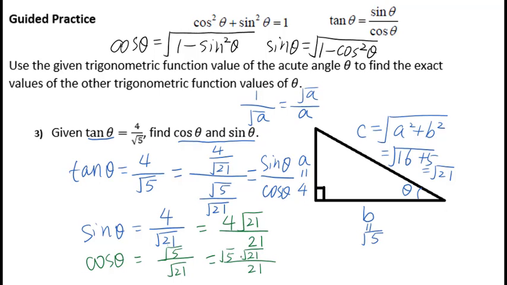Square root of 5 carry on, then you do the multiplication. So you get square root of 105 over 21. This square root of 105 is a simplified square root because it cannot be divided by 4, 9, 25, 49, and so on, those perfect square numbers.